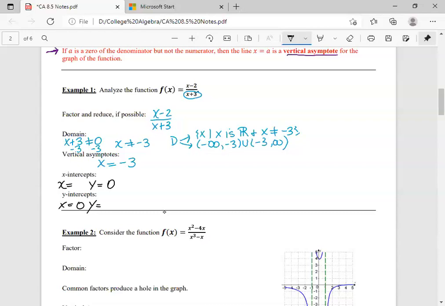So if y is equal to 0, we're talking about this function right here. F of x is the same thing as y. So if I'm just going to solve it, I would say, here's what I know about this. Y is equal to 0. I need to figure out what x is. So to get rid of this on the bottom, I could multiply. Let me just write this down so it's easier for you to see.